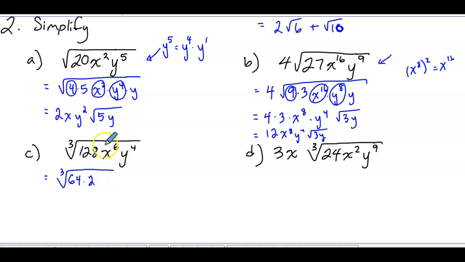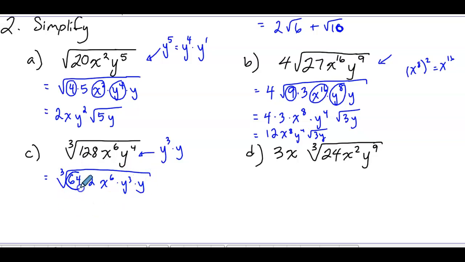Is this exponent a multiple of 3? Square roots, we looked for multiples of 2. Is this a multiple of 3? It is. So that's x to the 6. Is this a multiple of 3? No. So what's the next lower multiple of 3? Would be y cubed. So that's what I put in.